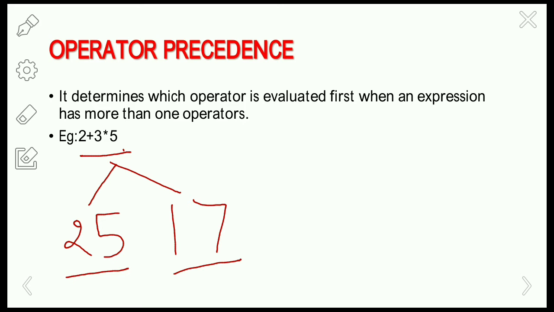It determines the grouping of terms in an expression. When an expression contains more than one operator, the order in which the operators are evaluated depends on the precedence levels. An operator with higher precedence is evaluated before a lower precedence operator. In the given table you can see we have the addition and multiplication operators.